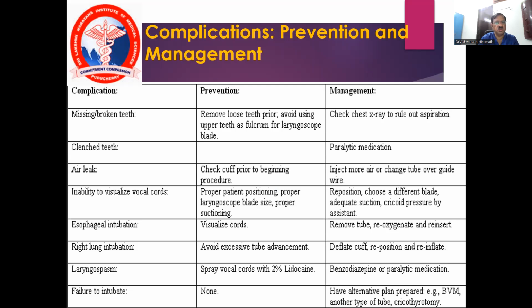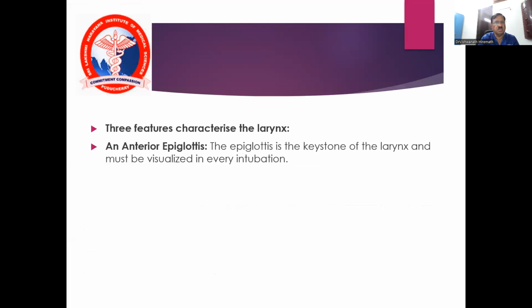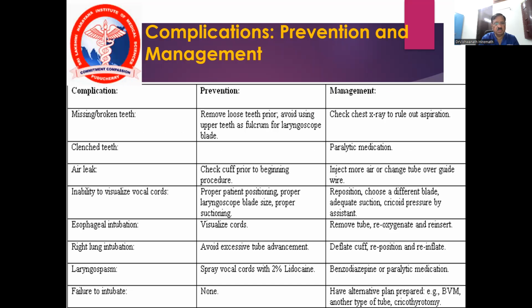The complication usually is missing or broken teeth. The prevention is to remove the loose teeth prior. Avoid using the upper teeth as a fulcrum for the laryngoscope blade.